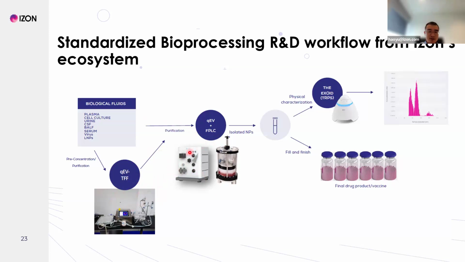After concentrating, it also goes to chromatography, and then we purify the EVs with our columns. Later we use our TRPS technology, our single particle resolution technique, to QC the particles. And after QC, it will be used for downstream studies.